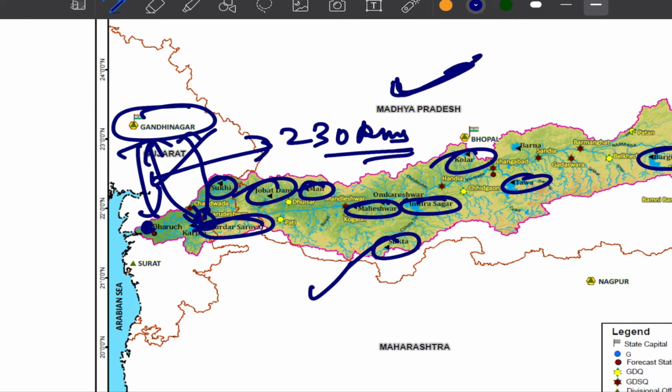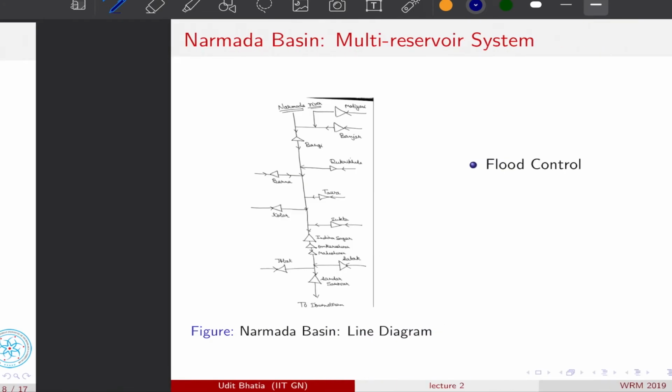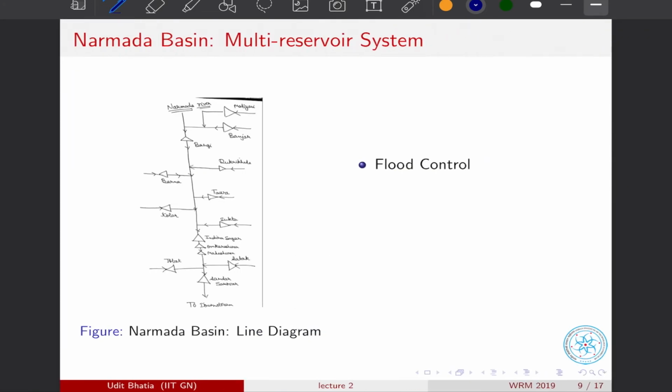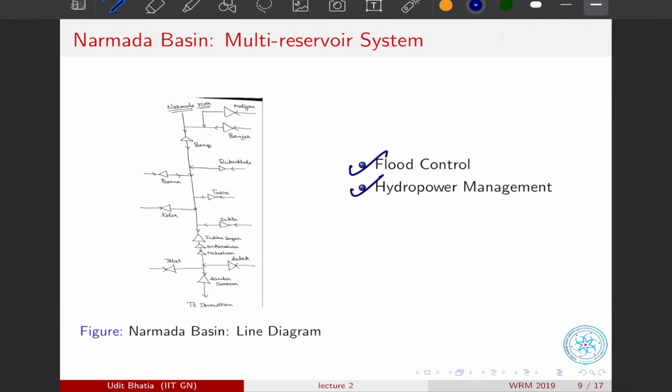So what we will try to do is represent these watersheds or basins as mathematical entities, try to understand or model the constraints, and without violating laws of physics, we will try to understand how we can design the systems to achieve flood control, manage the hydropower, and increase the efficiencies of turbines and hydropower projects that are situated at each of these reservoir locations, and also represent these things mathematically.